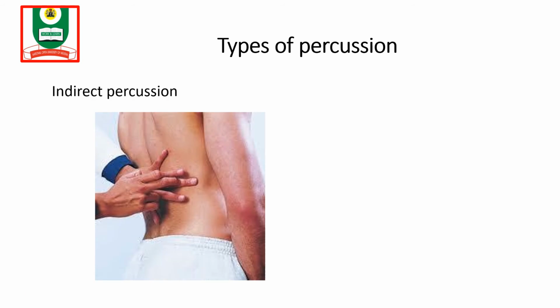The second type of percussion I want to look at is indirect percussion. Indirect percussion is most commonly used in nursing practice, and it will produce a clear, crisp sound when performed correctly. How do you perform indirect percussion?